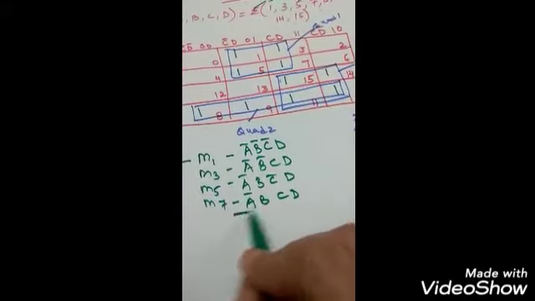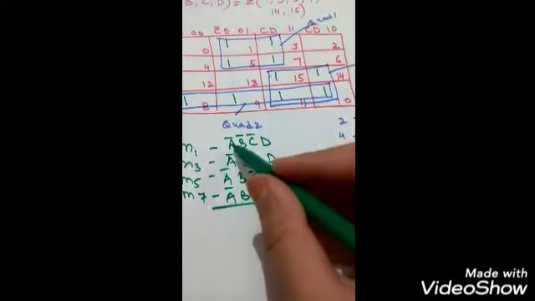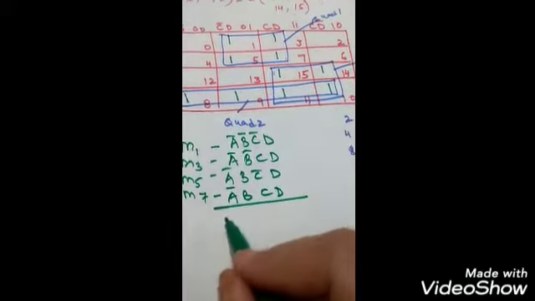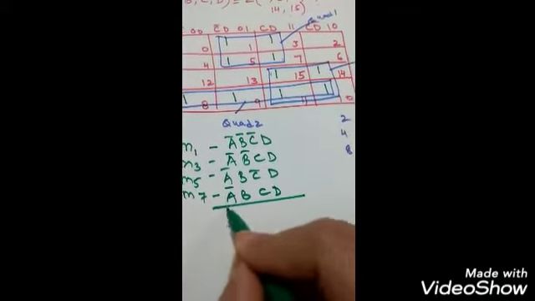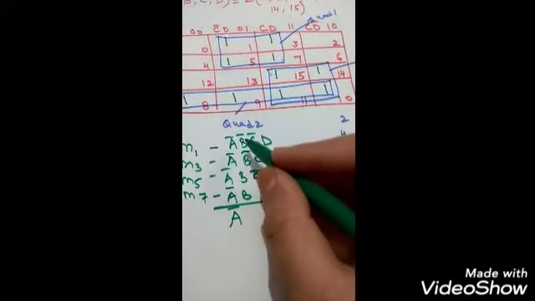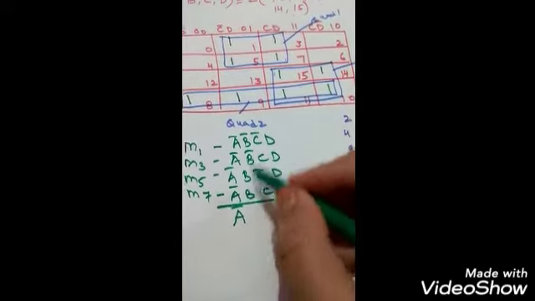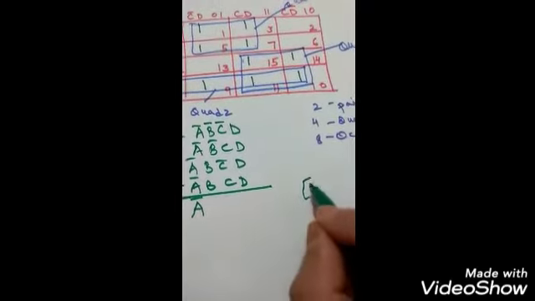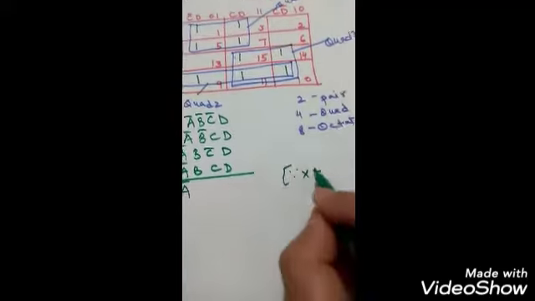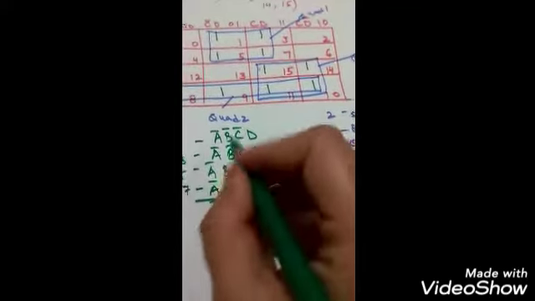Now how will we solve the expression? While solving, you will see that we have A complement common in everyone, so we write A complement over here. Then we have B complement twice and B twice, so by the property, as you all know, x plus x complement equals 1, they cancel each other.